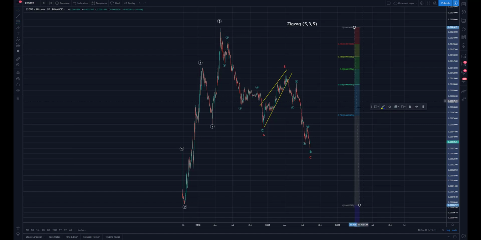It exceeded the 0.78. So 0.88, maybe 0.92, by 92% or so. Now that's a major correction.